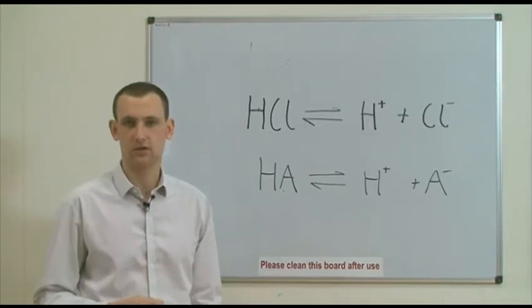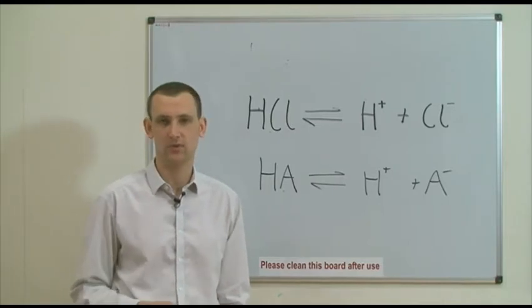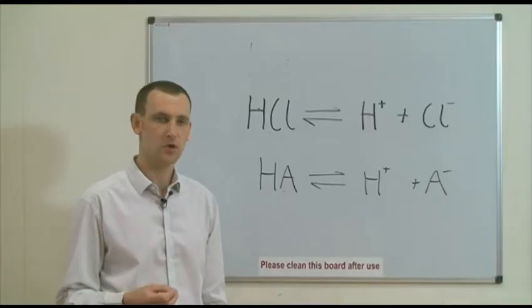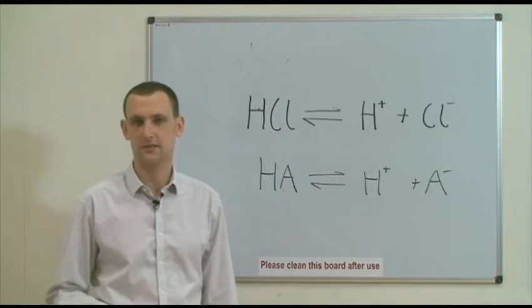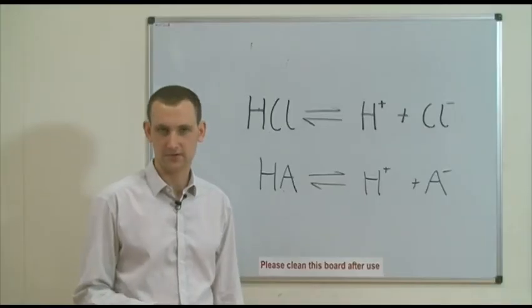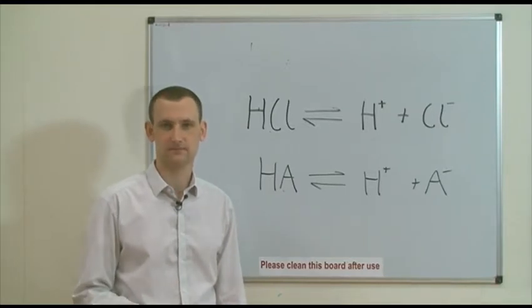A weak acid, in contrast, does not completely deprotonate, but has a more balanced equilibrium point, where some of the molecules have given up their protons and some have not, so both HA and A- are present in the solution. We can quantify this by considering the equilibrium constant for the reaction and derive what is known as the acidity constant.